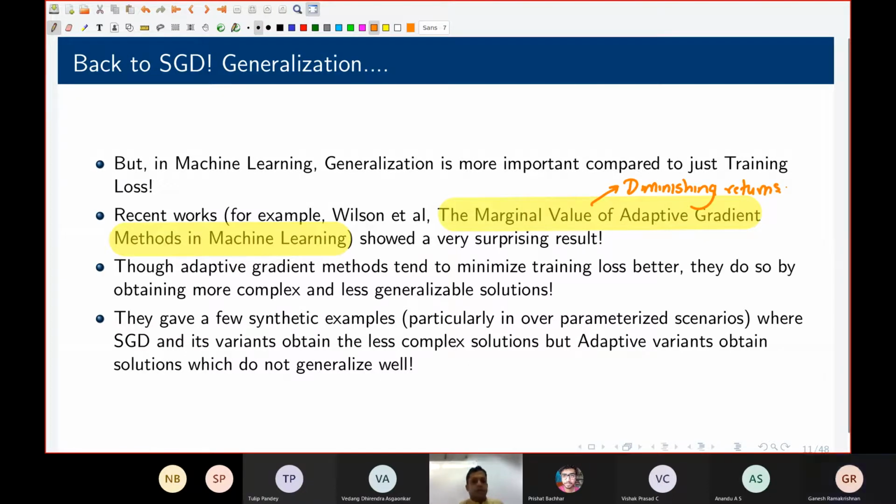You basically get more complex, less generalizable solutions. They also give synthetic examples where SGD and its variants obtain less complex solutions, but adaptive variants obtain solutions which do not generalize well. Generalization becomes difficult if you have very complex updates. That's basically the point.